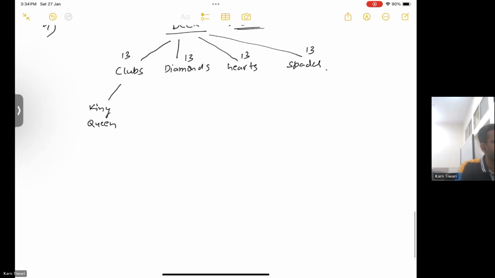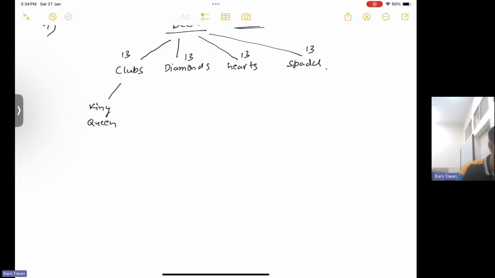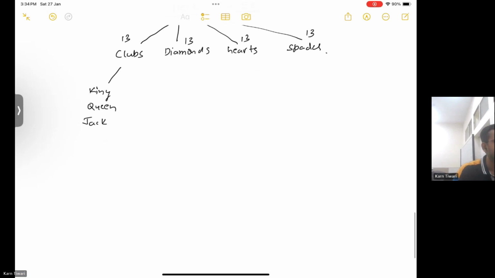Now, these are all face cards, so they have a total of 4 kings, 4 queens, and 4 jacks. This is all the information you need for solving the problem. If you want to know more, just type it on Wikipedia, and you will see the different suits and how many different elements there are.